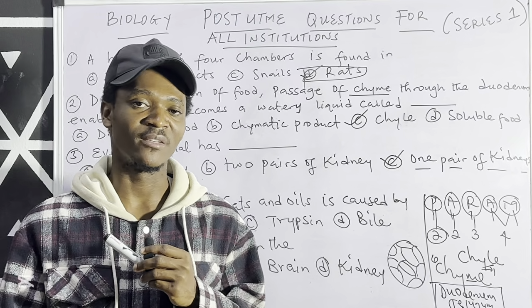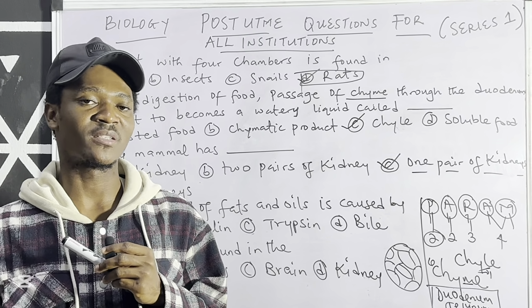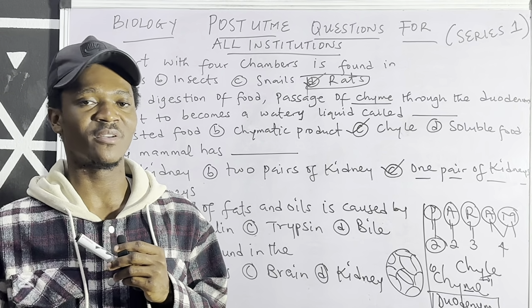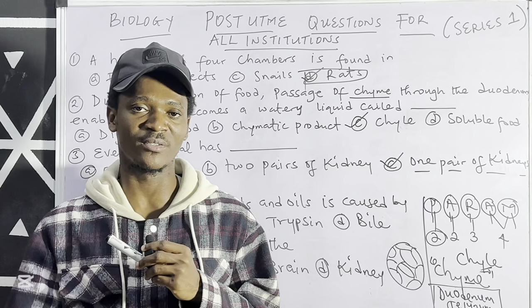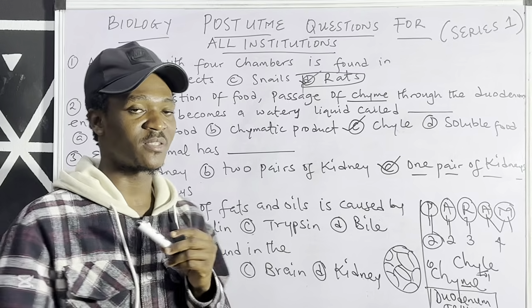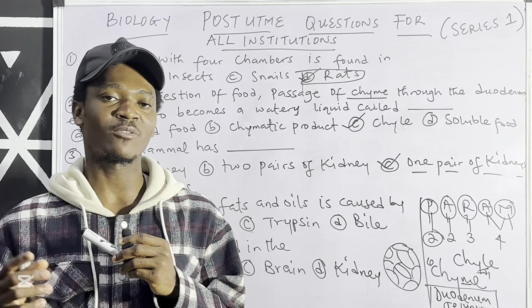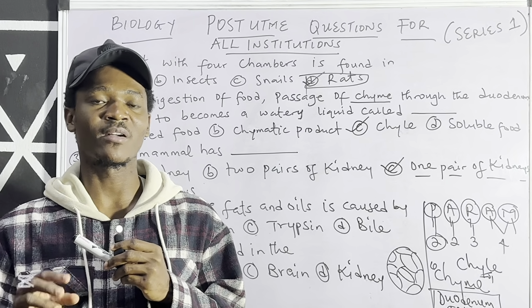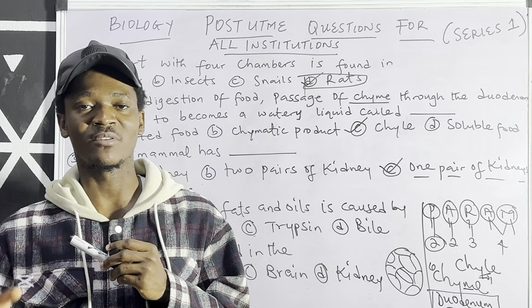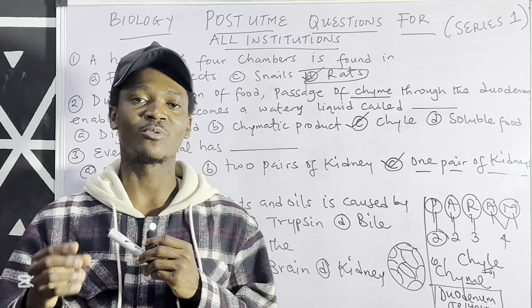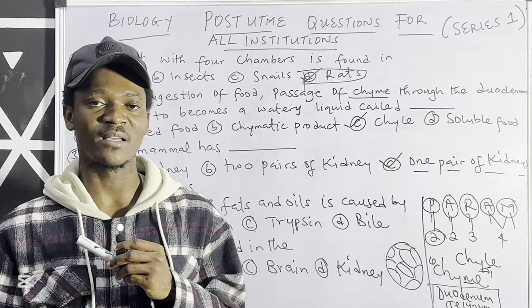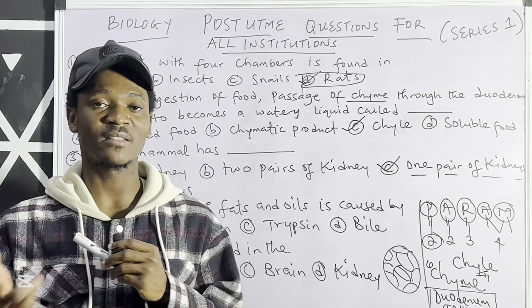Then for this guy, option C, trypsin. Trypsin is not involved in that aspect. It's not involved in fats and oils degradation or digestion, or it's not even having any business to do with fats and oils. As a matter of fact, this trypsin is actually a part of the pancreatic juice. Now, pancreatic juice is being secreted by the pancreas, and this pancreatic juice tends to contain three different enzymes: amylase, trypsin and lipase.